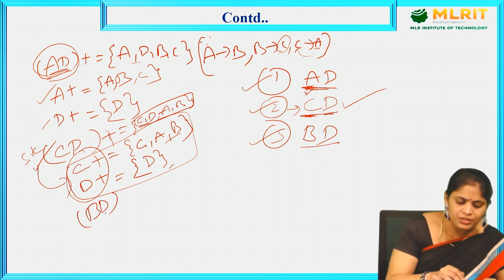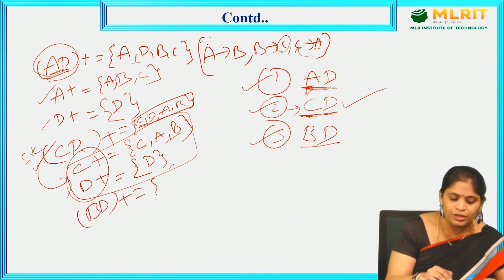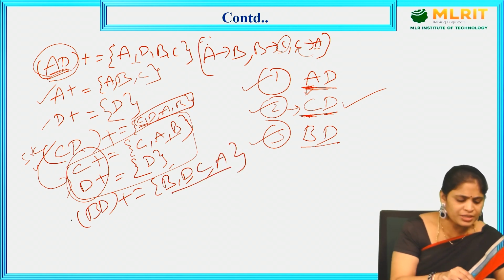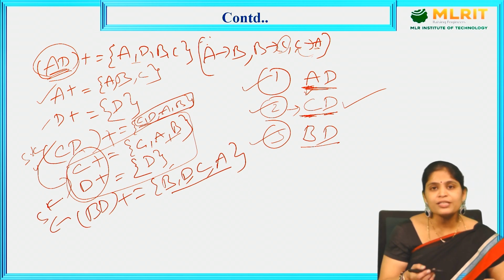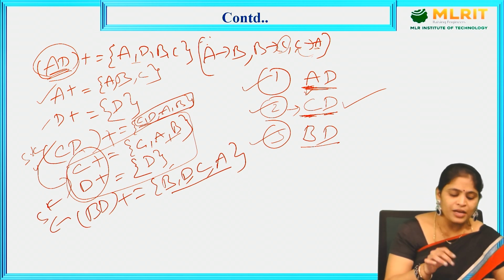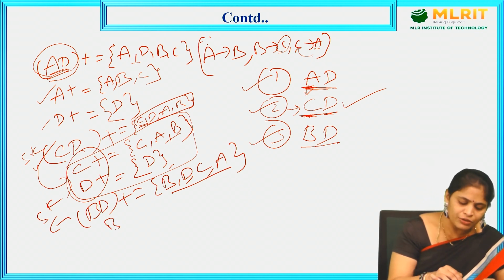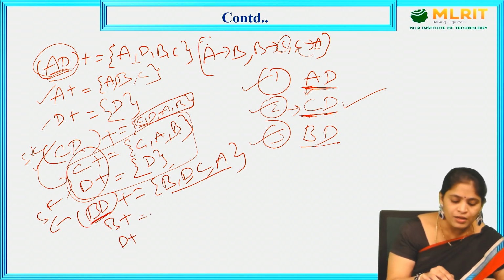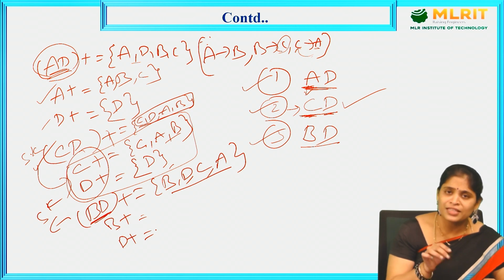BD closure first, whether it is a super key or not. Yes, BD. B derives C and C derives A. All the attributes have been obtained, so it is a super key. Now what is our step to find the candidate keys? We need to find the proper subsets, and in these proper subsets we must not obtain all the attributes.